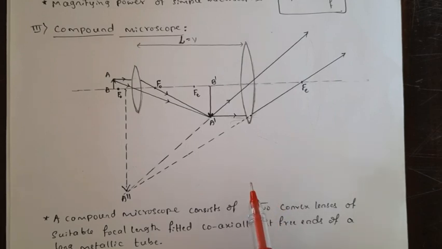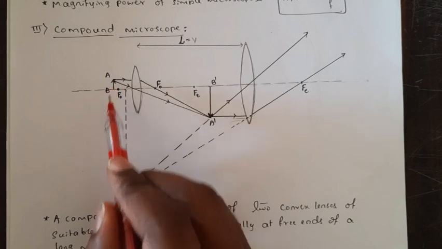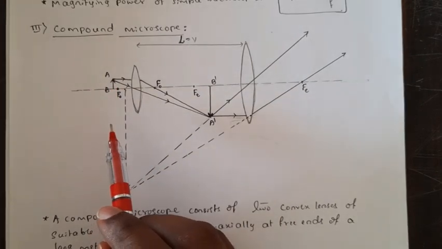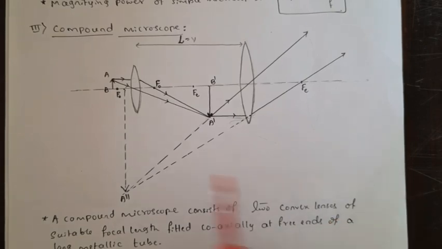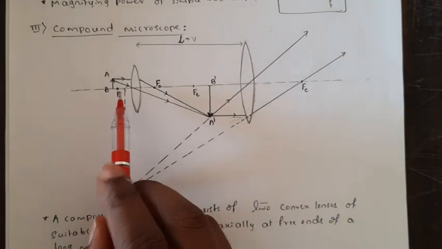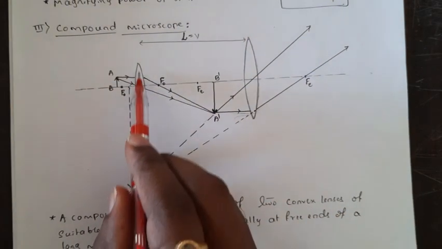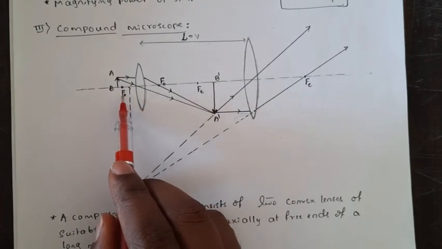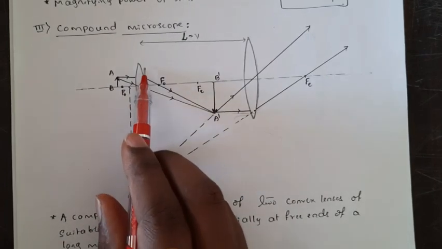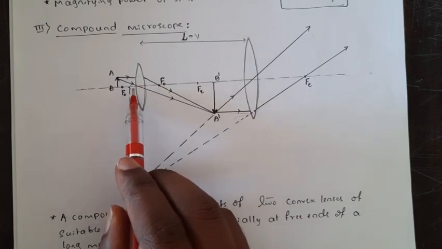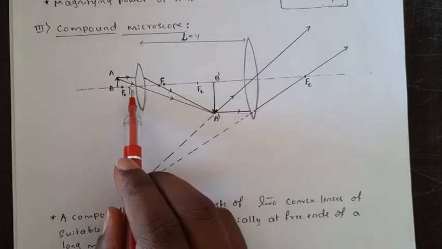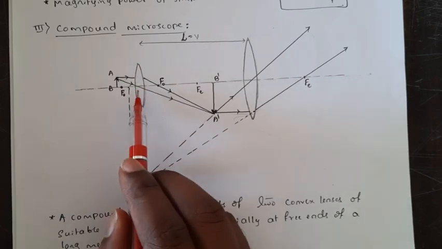The small object AB, whose clear, magnified image you want to see, has to be placed slightly beyond f0. F0 is the focal length of the object lens, and we took a lens whose aperture is lesser and focal length is very small, so we use it as an objective lens.